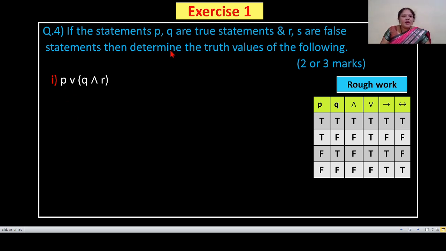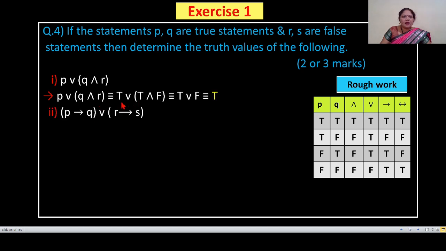Truth values of P and Q are true. Means truth value of P is T, truth value of Q is T, and truth value of R is F. Therefore, first we put the truth values of P, Q, R. T or T and F equivalent to.